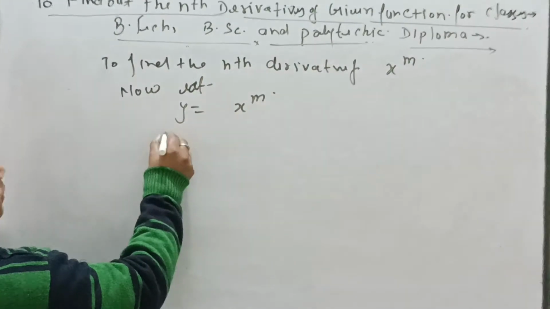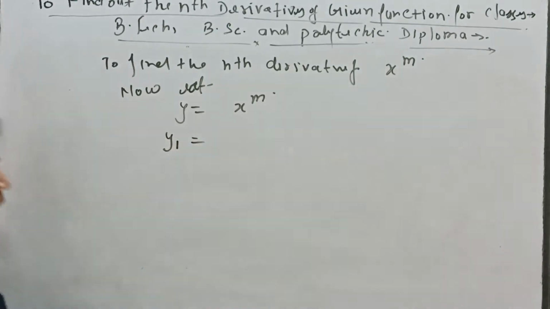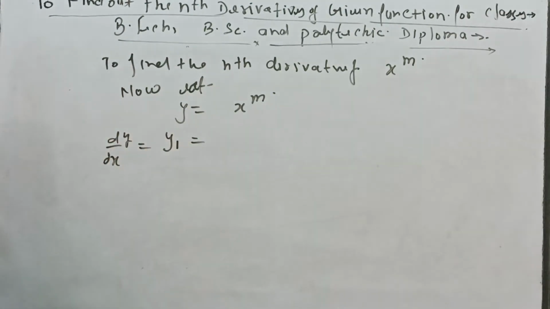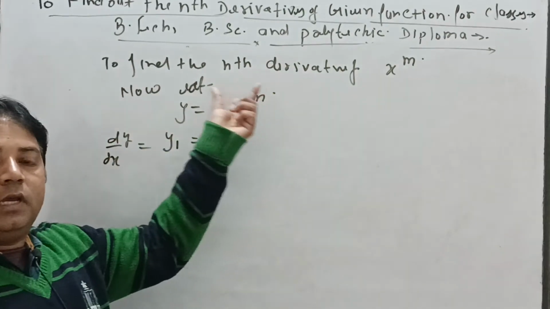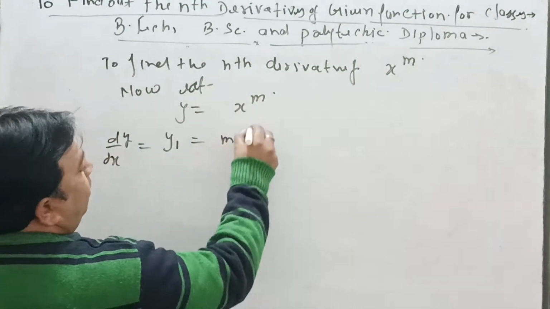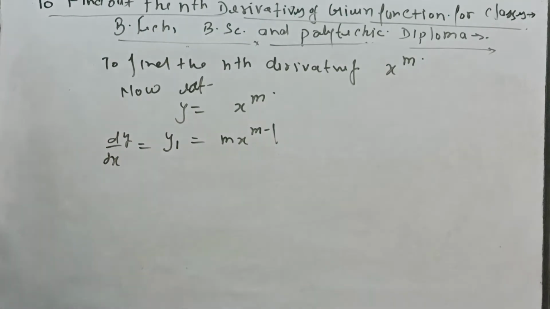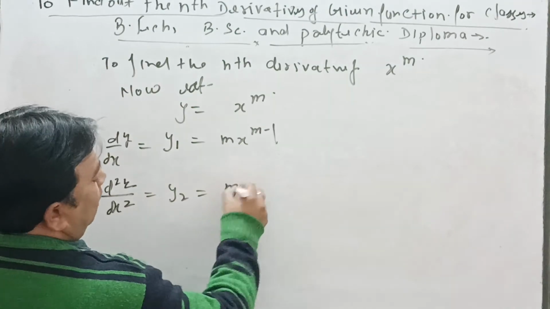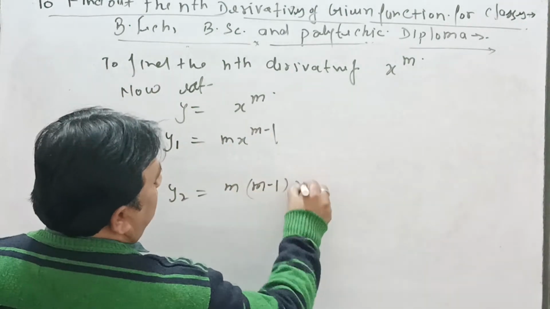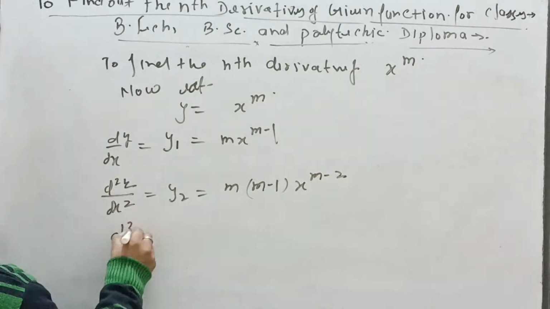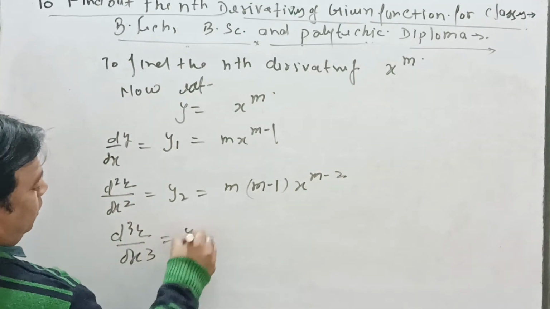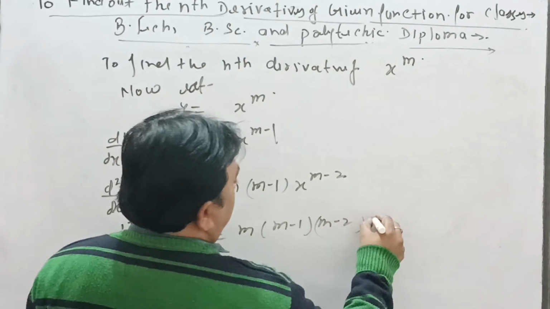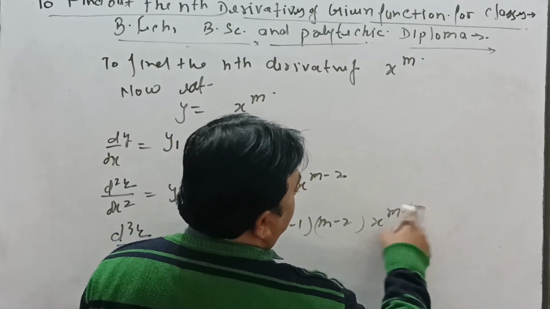Differentiating this function with respect to x, dy over dx, which is also represented as y1, gives m x to the power m minus 1. Then d2y over dx2, y2, equals m times m minus 1 times x to the power m minus 2, and d3y over dx3, y3, equals m times m minus 1 times m minus 2 times x to the power m minus 3.